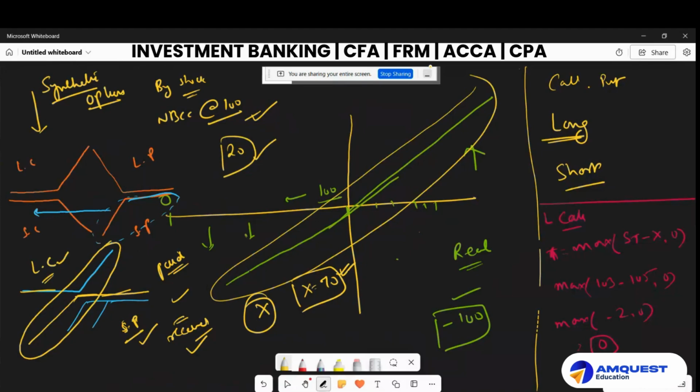Assume a situation when the person who is long the put is going to execute the transaction. In that case, you will have to end up paying him 70 rupees. But if you have secured your 70 somewhere, mentally you are safe that no matter what happens, the worst case scenario is I will have to pay 70. My 70 is secured. This transaction, when you do that, is called a cash secured put.